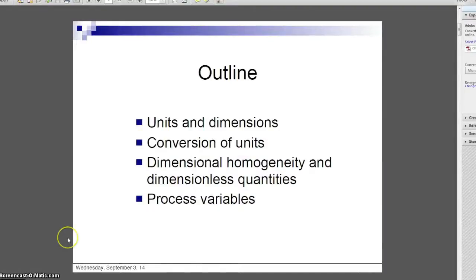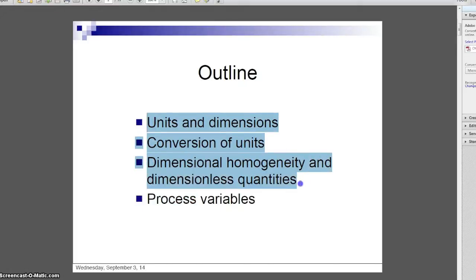Alright, so let's look back at the outline and look at what we have covered. So far we have covered units and dimensions, conversion of units, dimensional homogeneity, and dimensionless quantities.